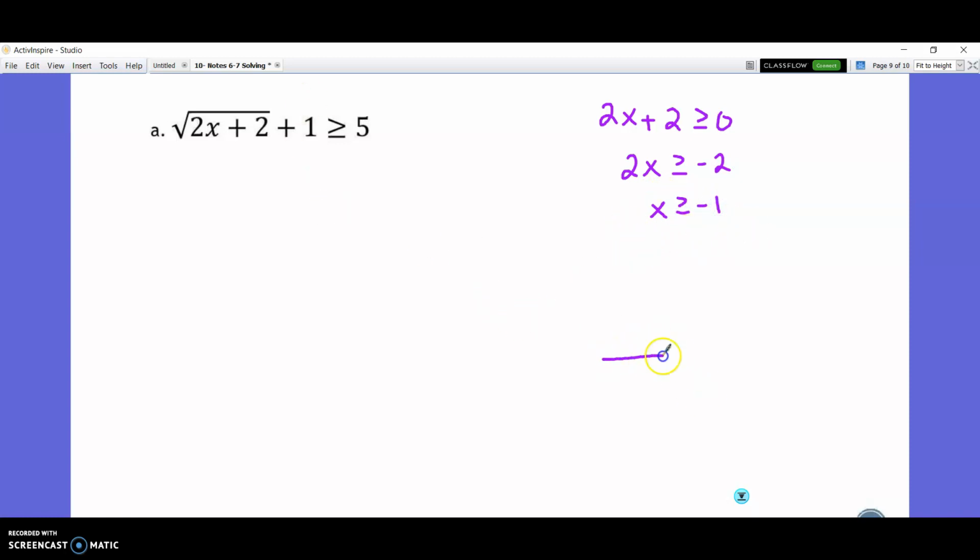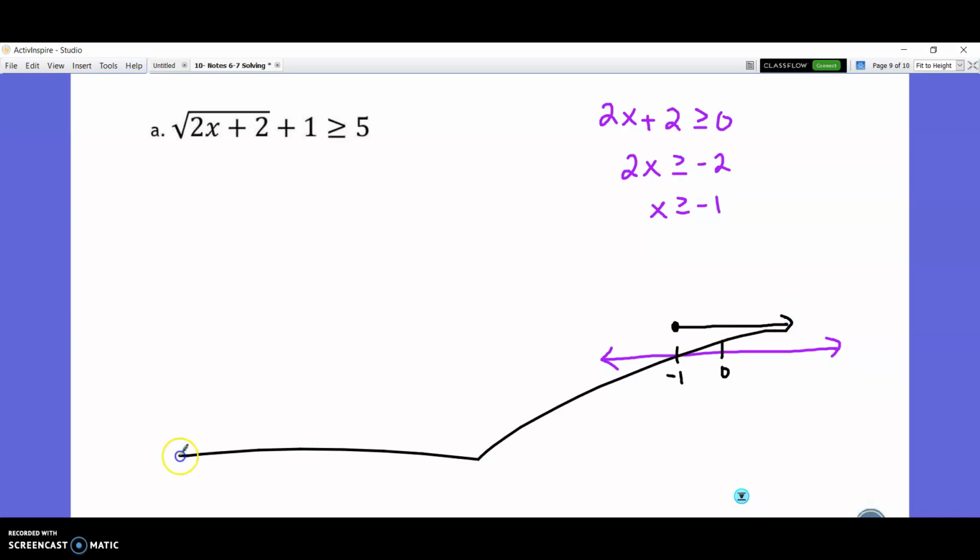So on a number line right here, I'm going to place a number line here. Here's 0, here's -1. So I know that my answer, just based on the domain, needs to be a number that is greater than or equal to -1. Sorry, technical difficulties there.